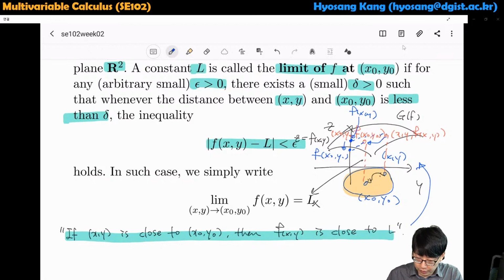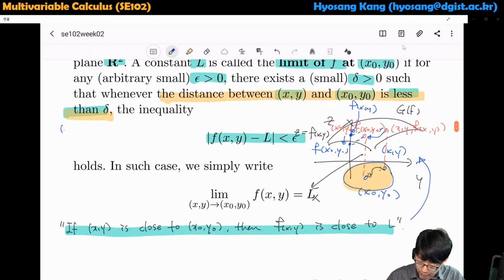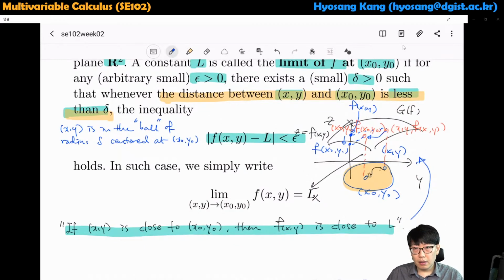Okay, so when I say the distance between these two points is less than delta, that means (x, y) is in the ball of radius delta centered at (x0, y0).